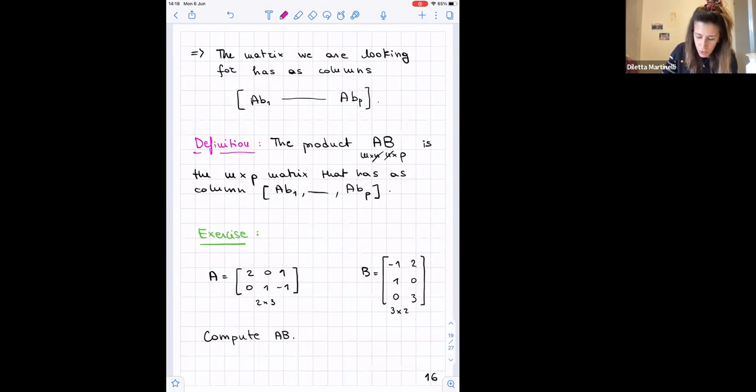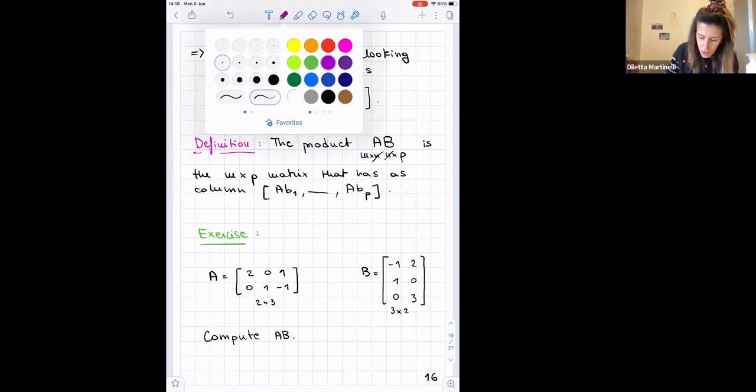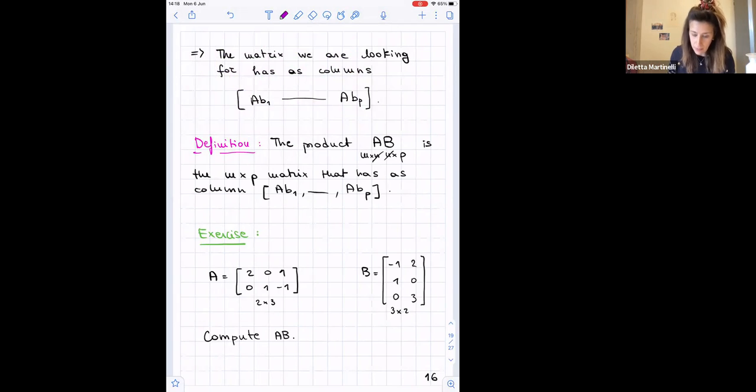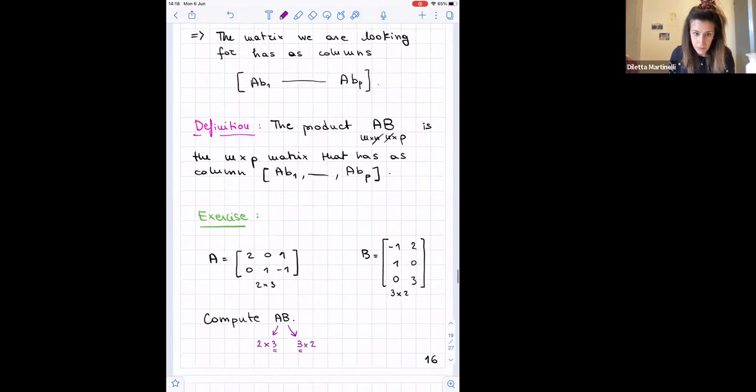Before going to the computation, we can already check the size of A times B. This is a 2 times 3, this is a 3 times 2, so these two numbers are the same. That's good, the composition is well defined. And so A times B has size 2 times 2, so 2 columns and 2 rows. Maybe you can try to compute it and write it in the chat as first row and second row.